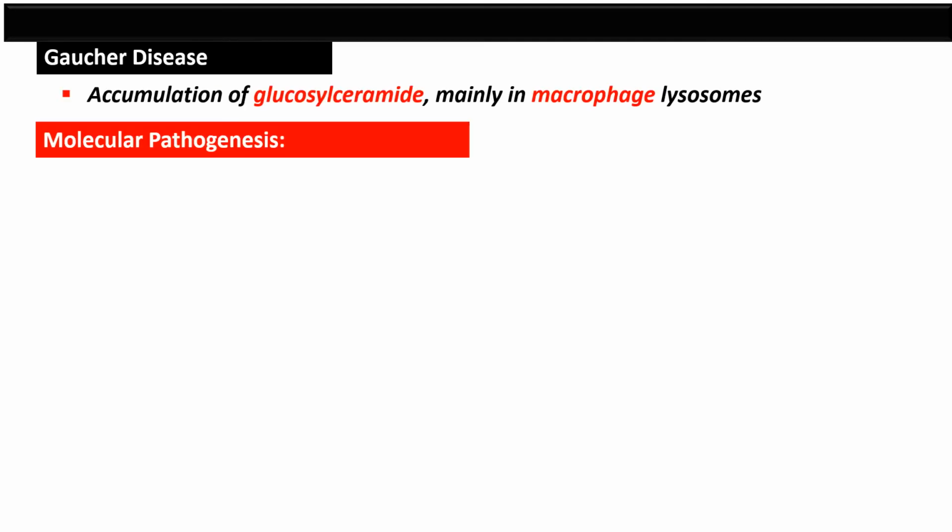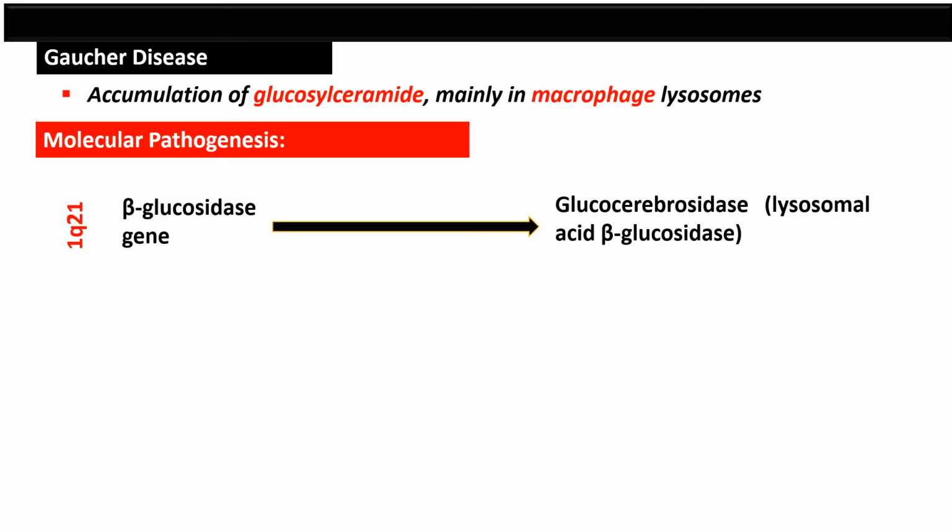Gaucher disease is associated with some skeletal manifestations. It is the accumulation of glucosylceramide mainly in the macrophage lysosome. It is an autosomal recessive disorder, and the beta glucosidase gene is located on the long arm of chromosome number 1, and it encodes glucocerebrosidase, that is a lysosomal acid beta glucosidase.